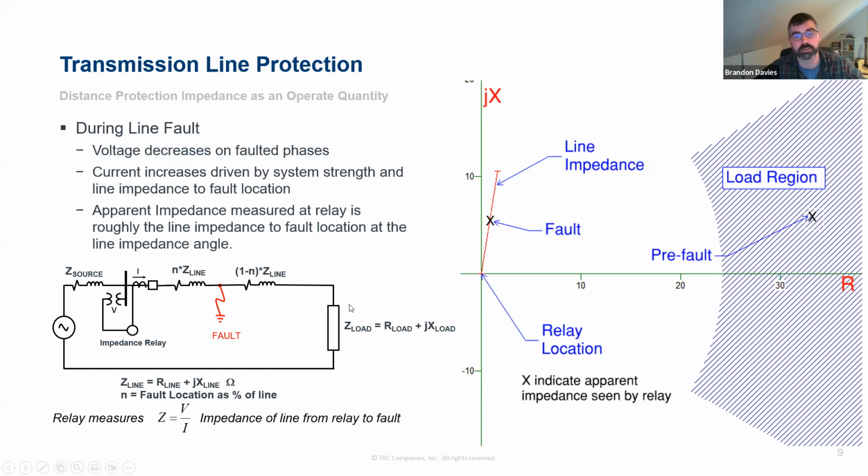You're still going to see a drop in voltage, a rise in current, and a reduction in the measured impedance, but the angle is going to be further and further away from this line angle here, which is a really important consideration when we look at the characteristics of the relay elements that we're using.